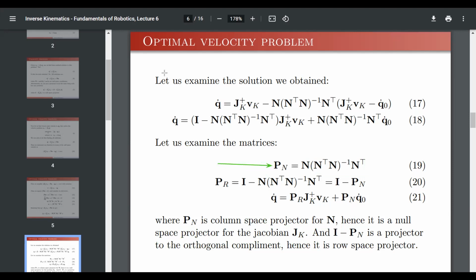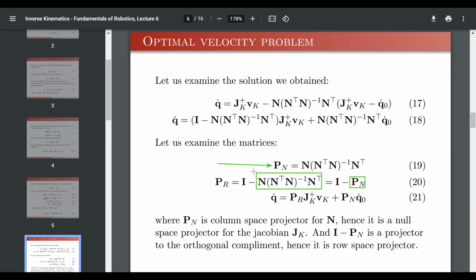Next, now we can go faster. This again is a null space projector for J. And as such, because it is the same thing as before, I minus any projector gives us a projector to the orthogonal complement.